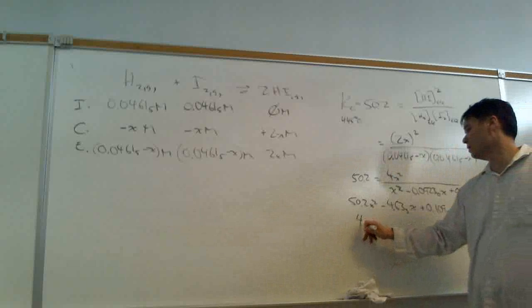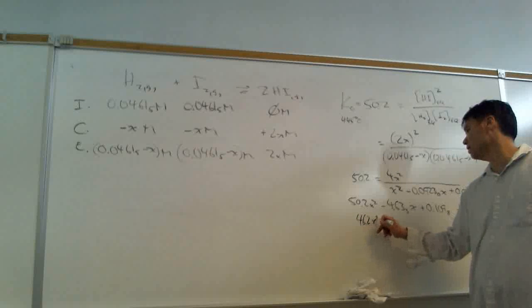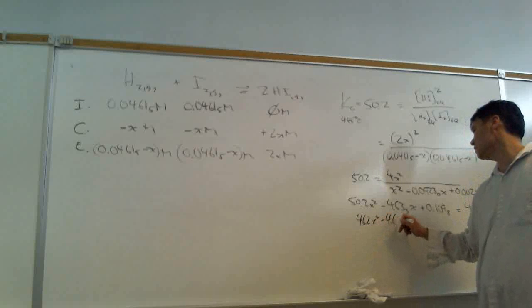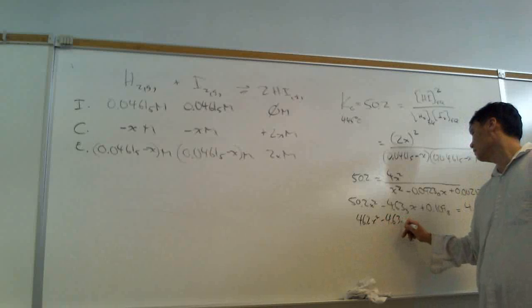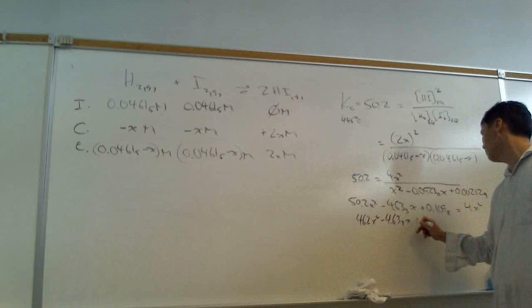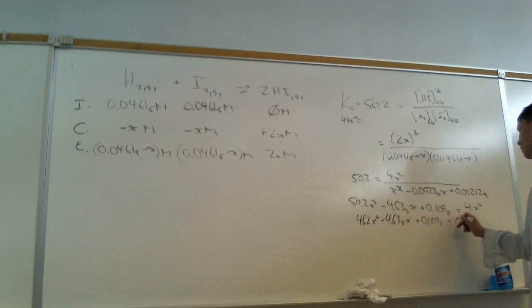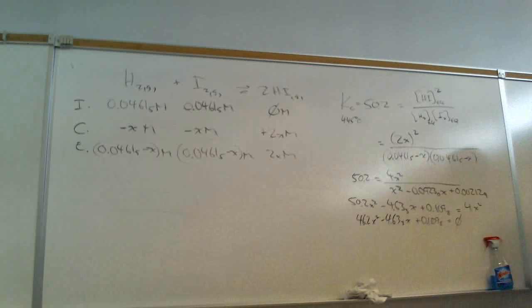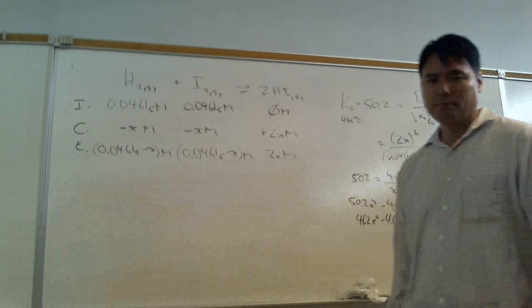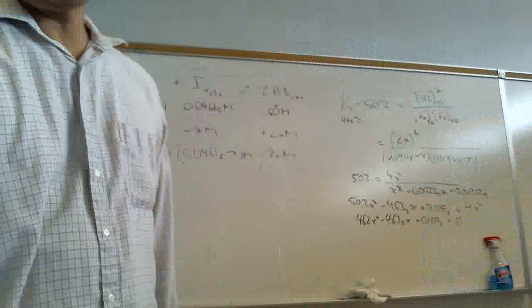So we get 46.2x squared minus 4.633x plus 0.10978 is equal to 0. Then we use the quadratic formula to solve for x.